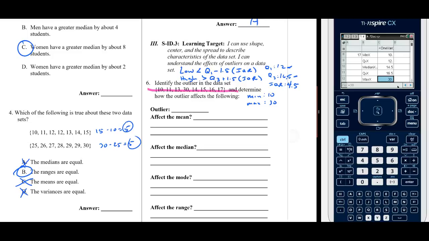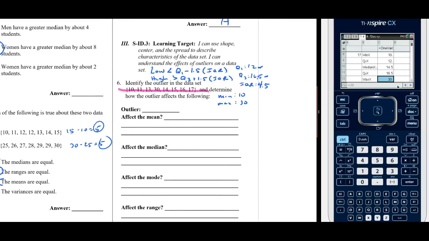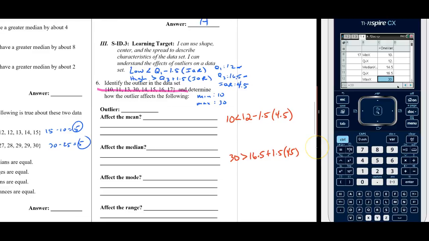So I'm going to check the low, I'm going to check the high, and then we're going to see what happens. For the low value, we're going to check, is 10 less than Q1 minus 1.5 times 4.5. And then separately, I'm going to check, is 30 greater than 16.5 plus 1.5 times 4.5.